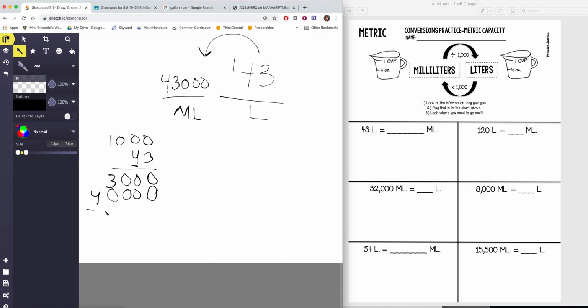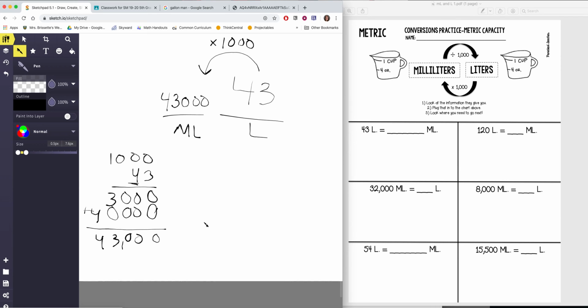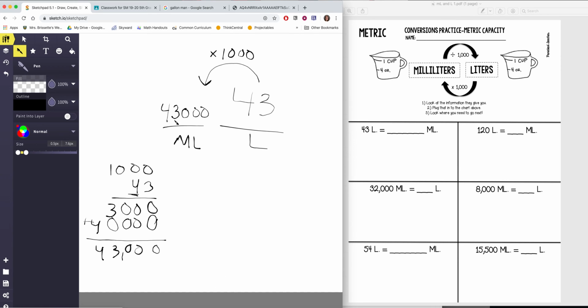Okay, let's go ahead and add these up. 0 plus 0 is 0, 0 plus 0 is 0, 0 plus 0 is 0, 3 plus 0 is 3, and 4. So you can see we got the same answer: 43 liters is the same as 43,000 milliliters.